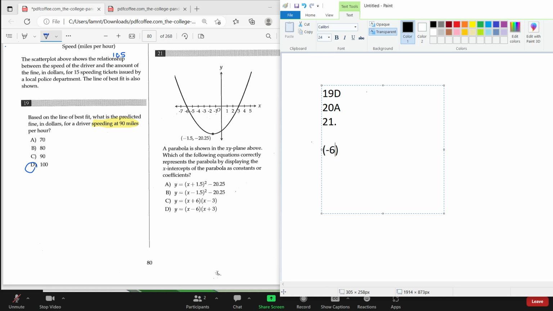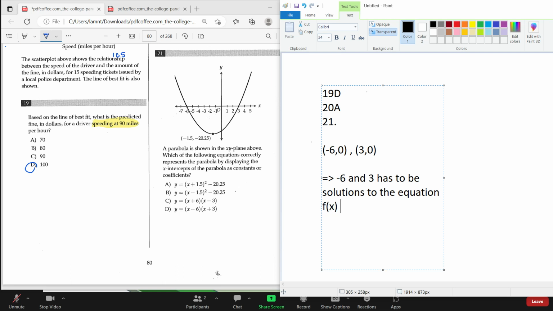Minus 6, 0 and 3, 0, right? So minus 6 and 3 have to be solutions to the equation f of x equal to 0, right?